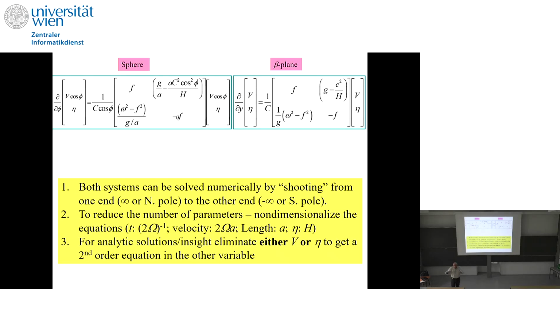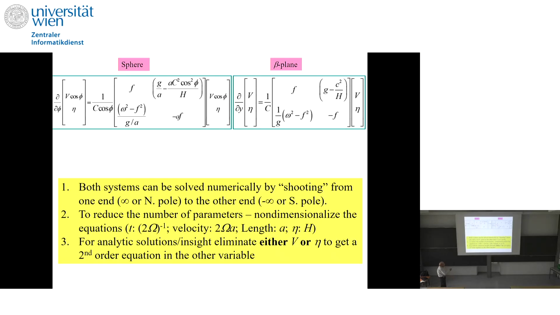And the boundary conditions, again, on the mid-latitude beta plane, are the vanishing of V at the two walls. And therefore it makes sense here to derive the second order equation for V by eliminating eta.